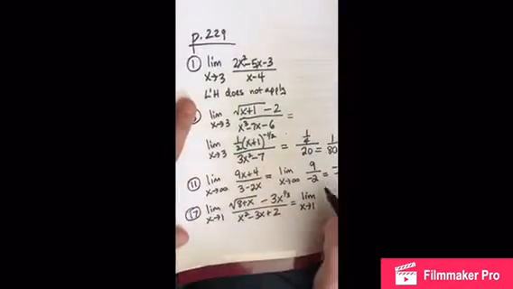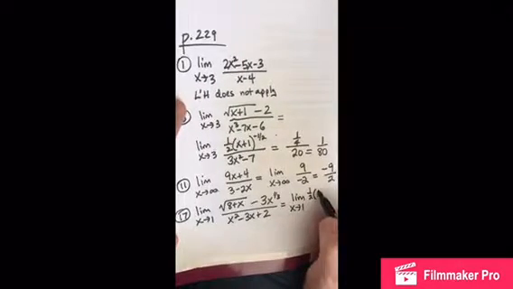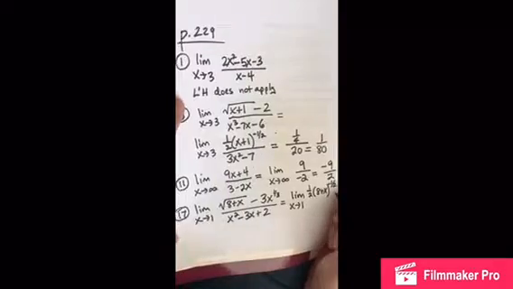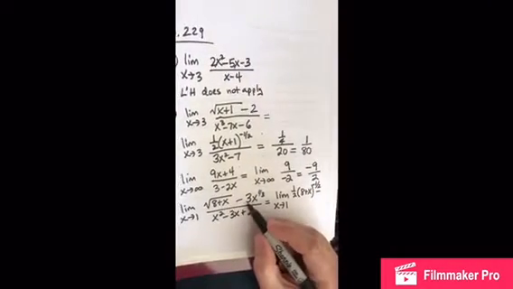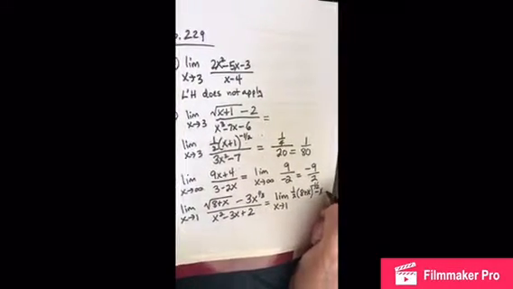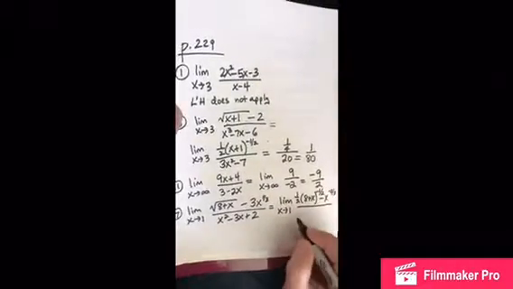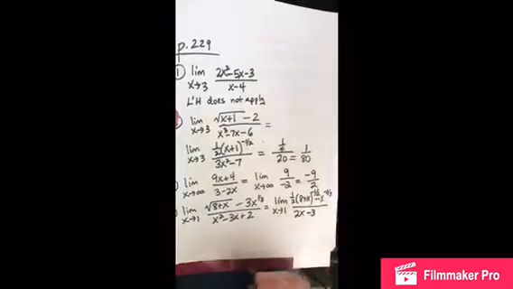And so the derivative of the numerator would be 1/2 times (8 + x)^(-1/2) minus 1/3 times 3, which is 1, x^(-2/3), over 2x - 3.